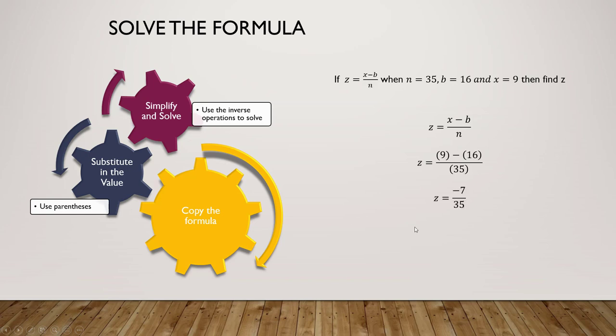This is a negative 7 divided by 35. This is the same as a negative 7 over 35, which reduces to a negative 1/5. Thus, the answer here is that z is equal to a negative 1/5. Please note that we would not put in the decimal form unless asked to.